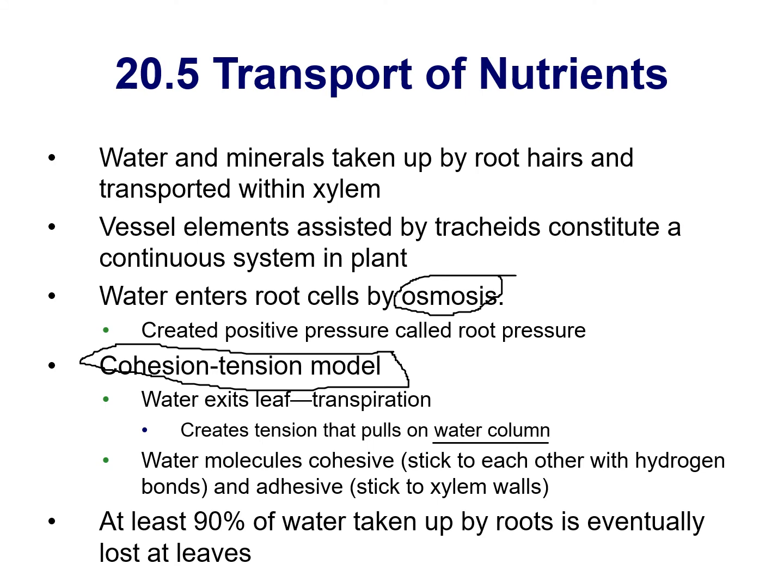and that allows for the water to move through. Okay, because as I mentioned earlier, about 90% of the water that gets taken up by the roots goes to the leaves and gets lost. So that lack of water at the top allows the water from the bottom to flow up. And there's two different properties of water that are super important here. That's cohesion, where water sticks together, and adhesion, where water sticks to something else.